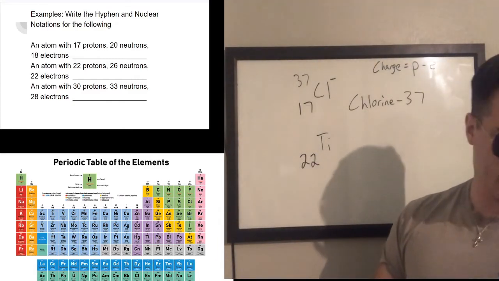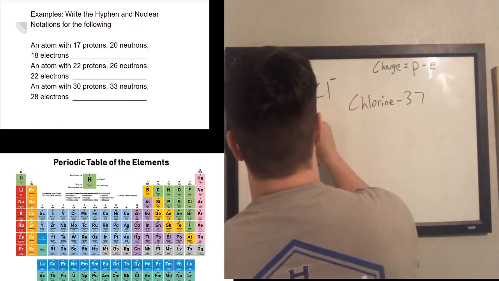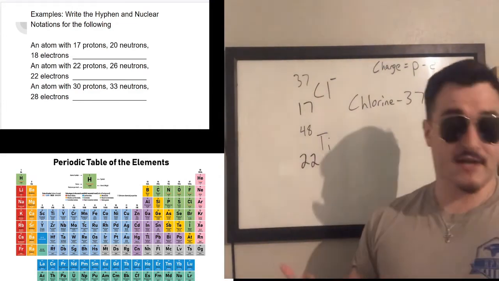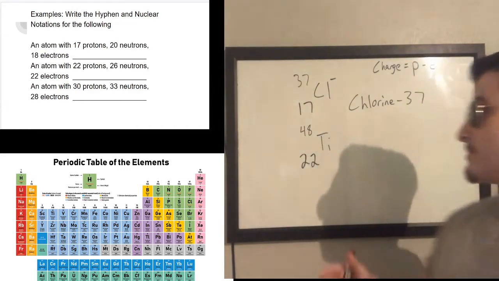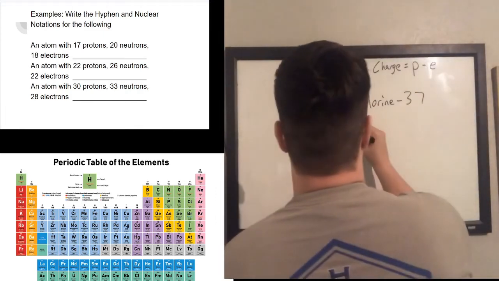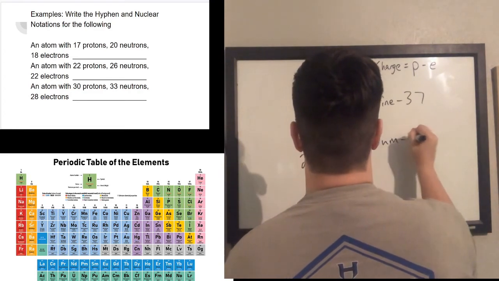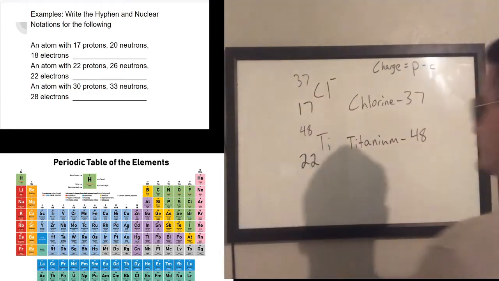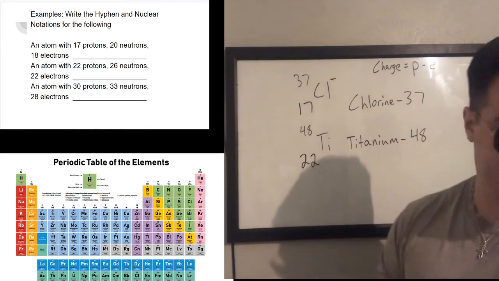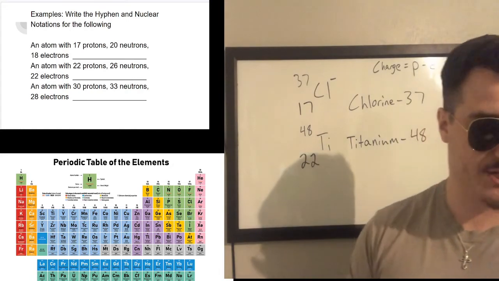And titanium has 22 protons plus the 26 neutrons, which means the mass here should be 48. And my protons are the same as my electrons, so there's no charge here, so I don't need to put anything in the top right corner. So then, hyphen notation, this is simply titanium dash 48. Like so.